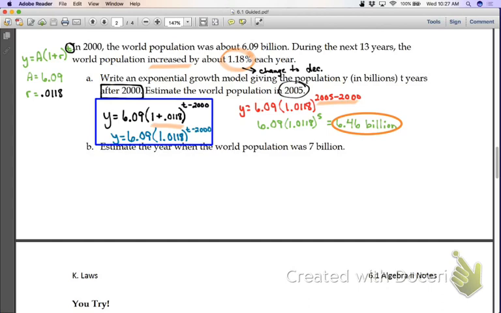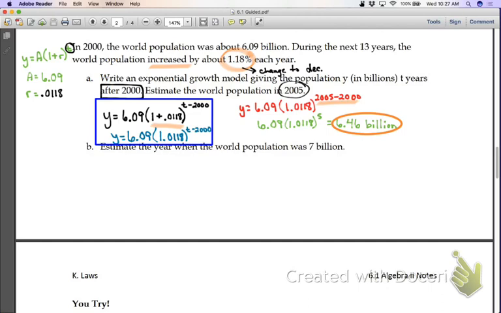Again, it says to estimate the year. So about every 5 years, it's going to go up maybe 500 million. It went up about 4/10 in those 5 years. So estimate the year whenever the population was 7 billion.